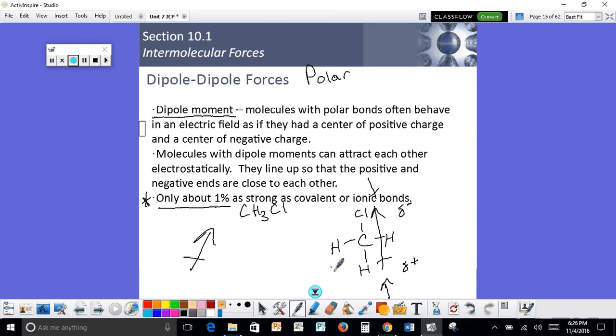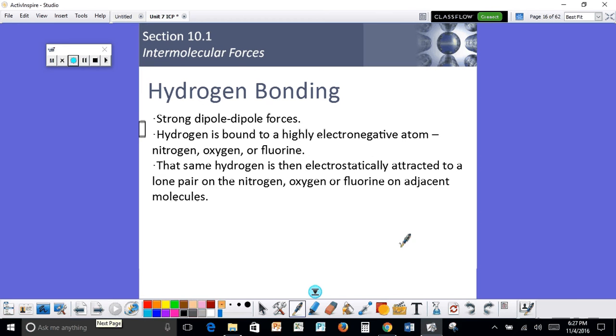Even though there are London dispersion forces, because the electrons can shift throughout the whole molecule, we're going to see the stronger dipole-dipole interaction. Another type of dipole-dipole force is specifically called hydrogen bonding. Again, not a bond.